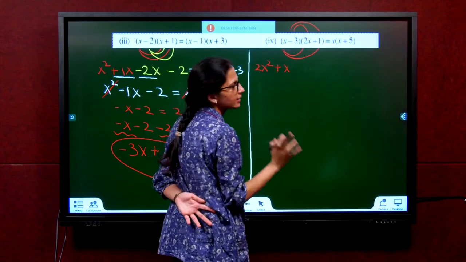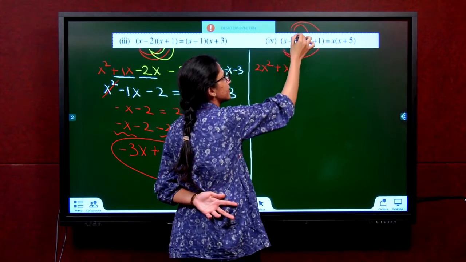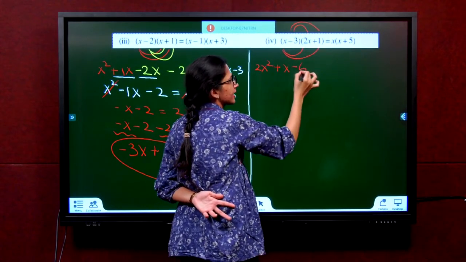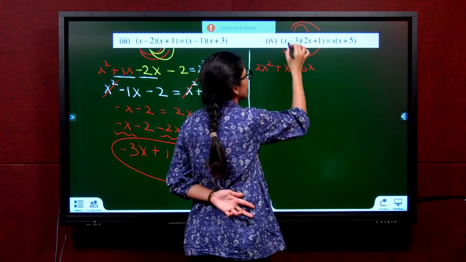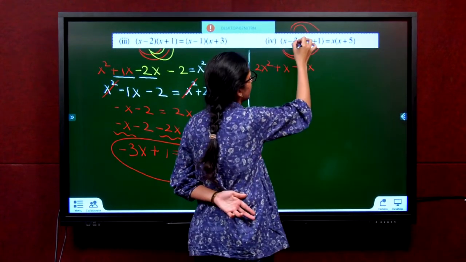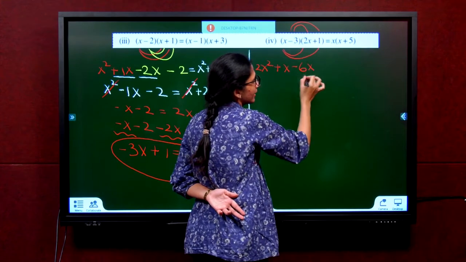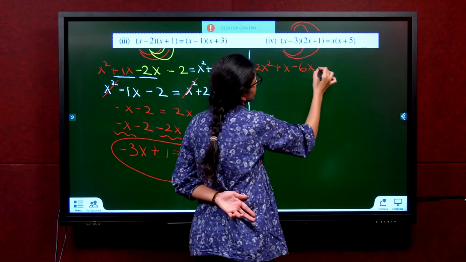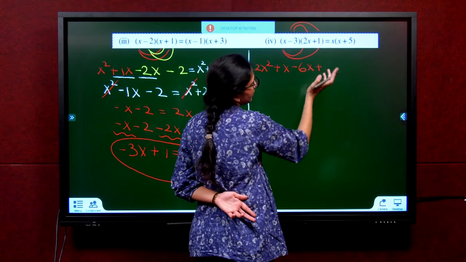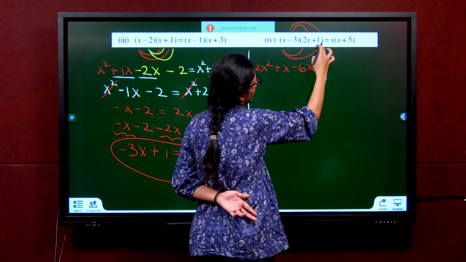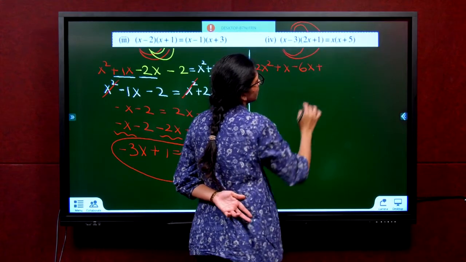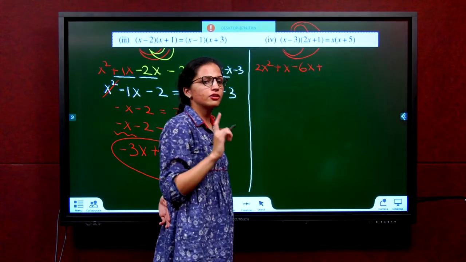First do the numbers, then the letters. Minus 3 into 2, minus 6. There's an x term, put the x. Minus 3 into 2, minus 6x, plus, now this is plus or minus? Minus 3 into plus 1. Negative sign into positive sign.